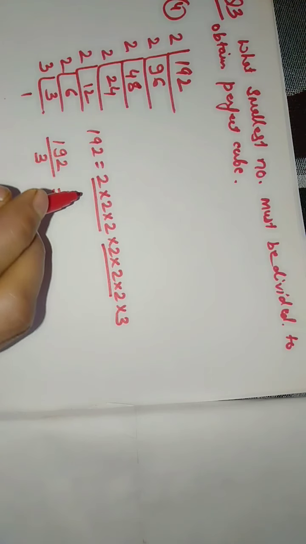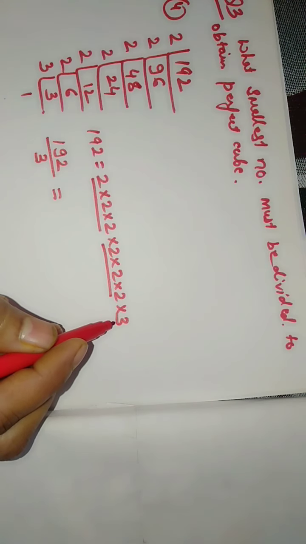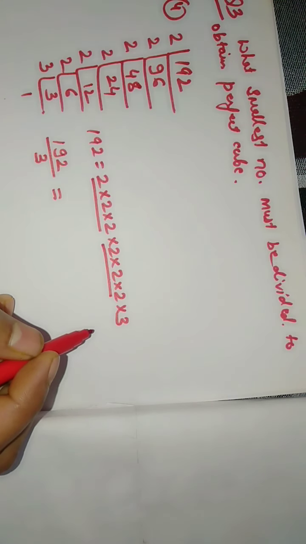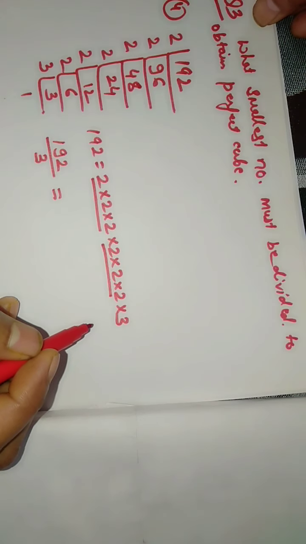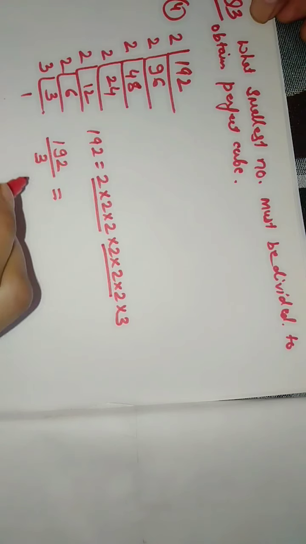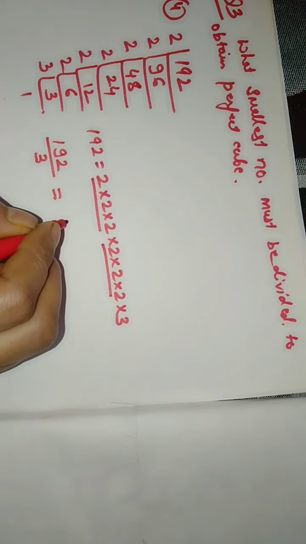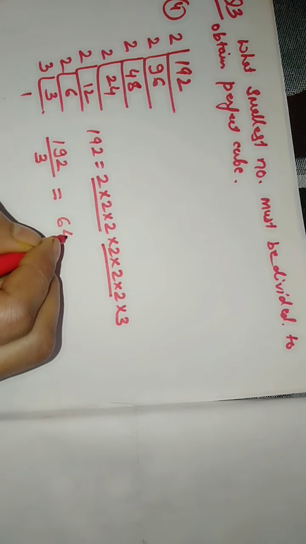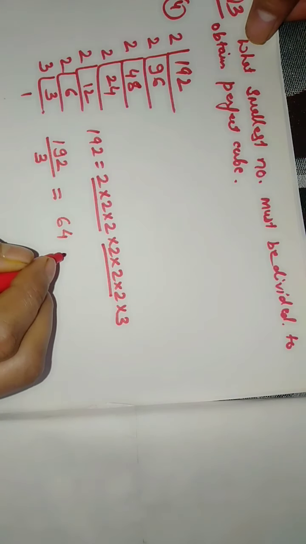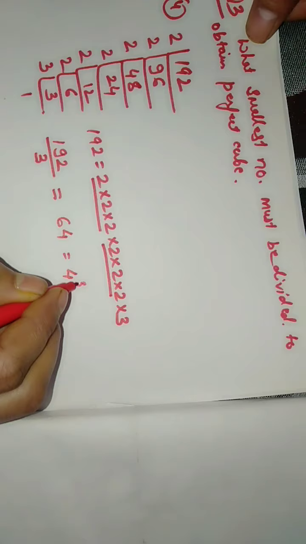So to obtain a perfect cube, we have to divide by that number which is left over and whose triplet is not complete. We will divide by the number whose triplet is not complete. So on dividing it by 2, we can see that it becomes 64, and 64 is a cube of 4.